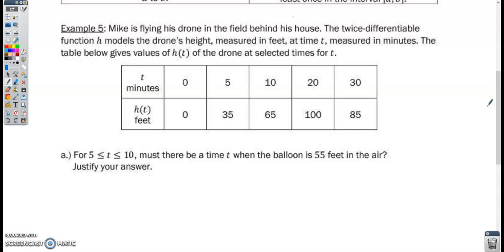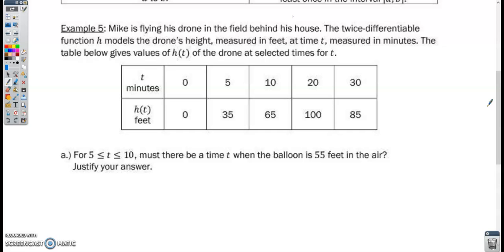The table below gives values of h of t at selected times. Part A asks: for the interval from 5 to 10, must there be a time t where the balloon is 55 feet in the air?